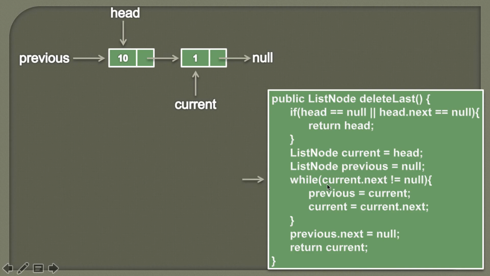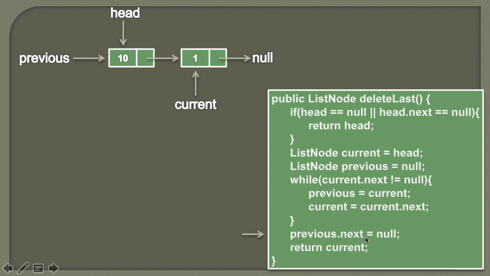And then again in the while loop we will check whether current.next is equal to null or not. So here you can see that this singly linked list contains only 2 nodes and current is actually on the last node and previous is on the second last node. And as current.next is pointing to null, current will be pointing to the last element of the singly linked list. So this condition comes out to be false and the while loop exits.